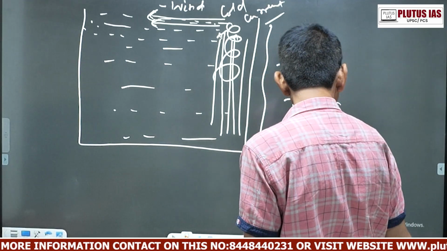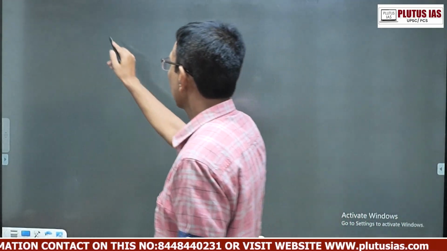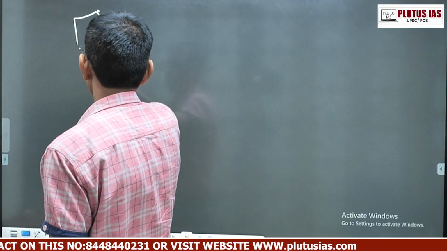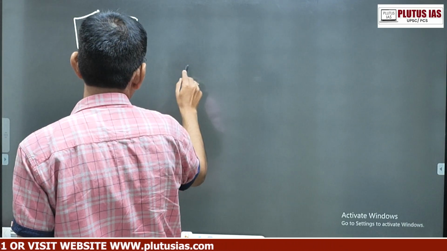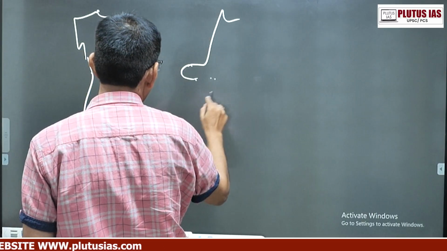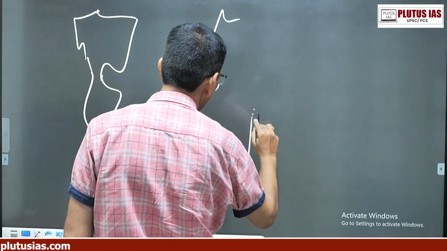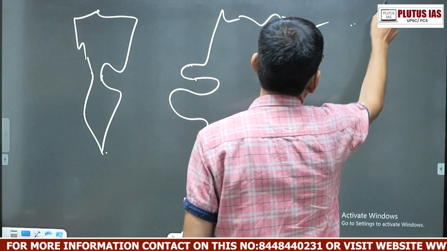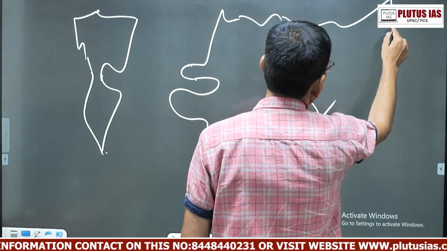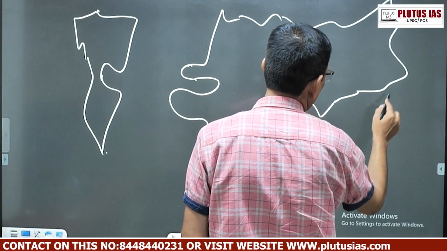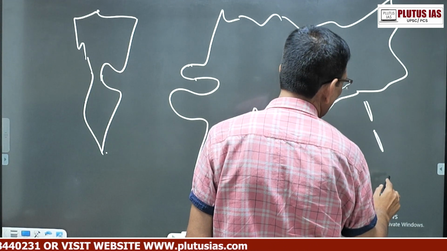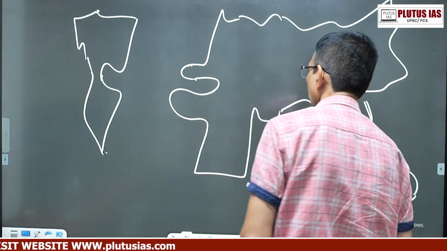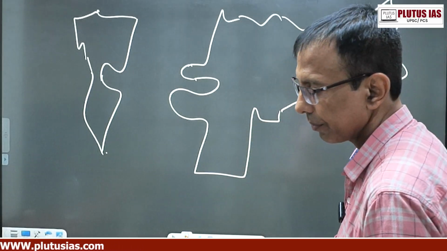If you see it on the map, this is the diagrammatic representation of the world.